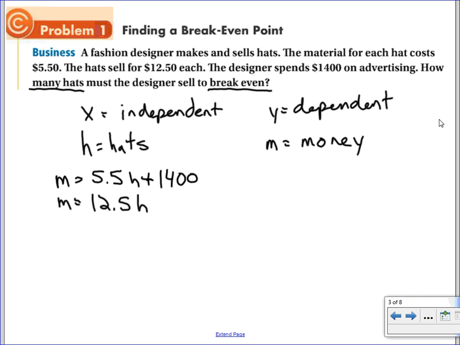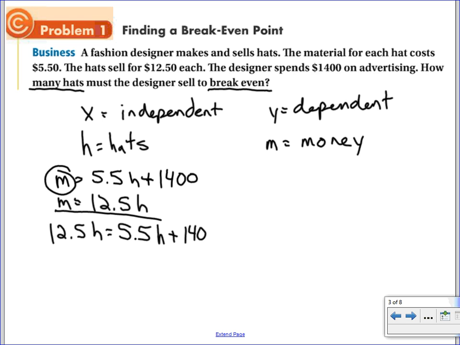So you pick either one of them. I'm going to pick this one, and I'm going to replace this M with $12.50 per hat. So we now have 12.5H equals 5.5H plus 1,400.